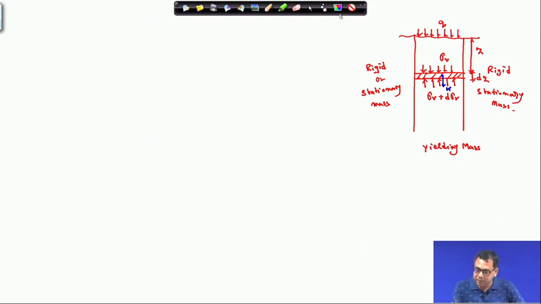On the sides there will be friction or shear, because this portion is moving and this portion is not moving. As I mentioned, because of this movement a shear plane is developed.